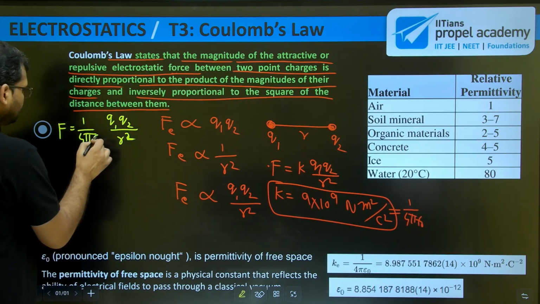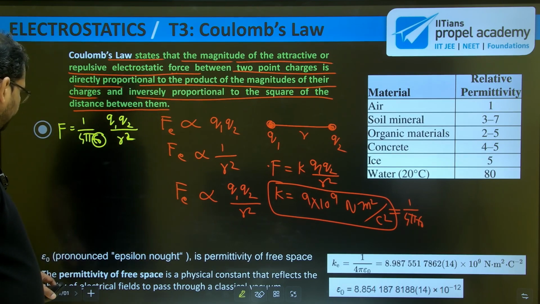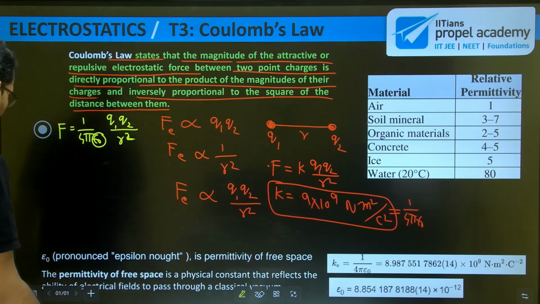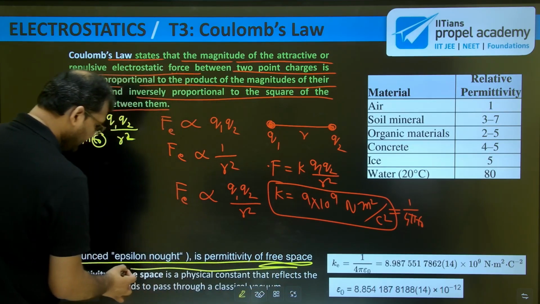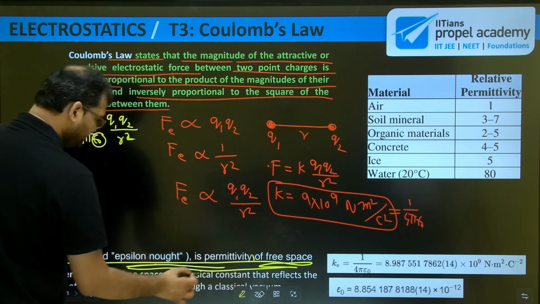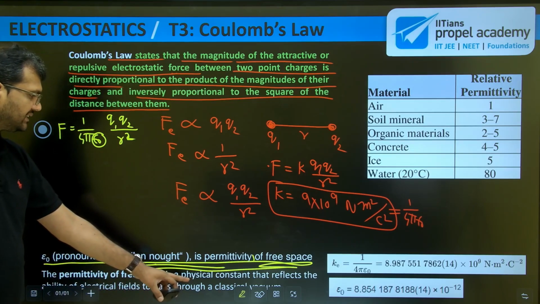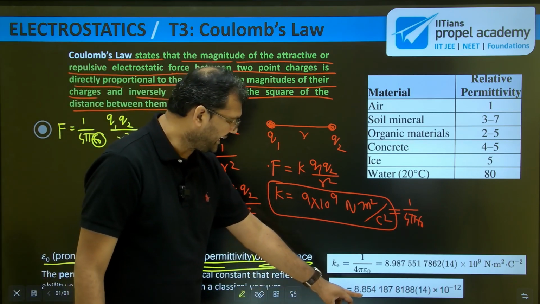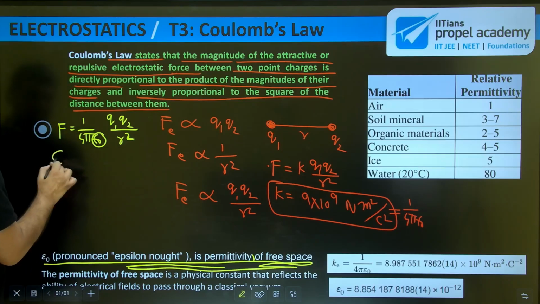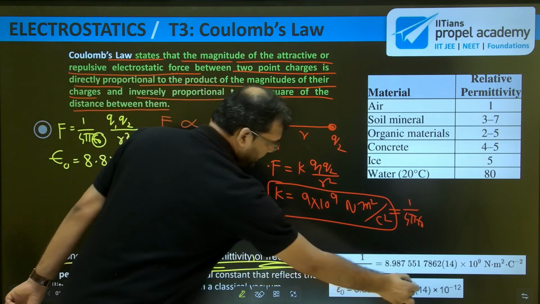What is this epsilon naught? Epsilon naught is what you call the permittivity of free space. The permittivity of free space is a physical constant. How much is that value? Here I gave 8.8, approximately. Actually, it's a big number with errors also.